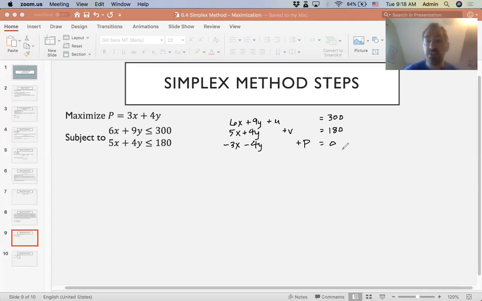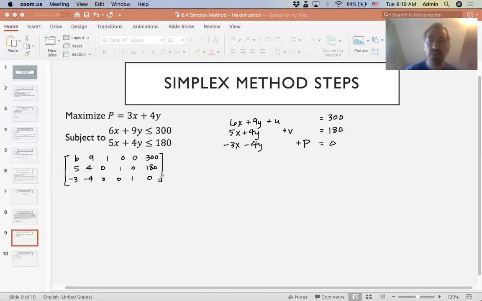Okay, we can now write this as a matrix. 6, 9, 1, 0, 0, 300. 5, 4, 0, 1, 0, 180. Negative 3, negative 4, 0, 0, 1, 0.